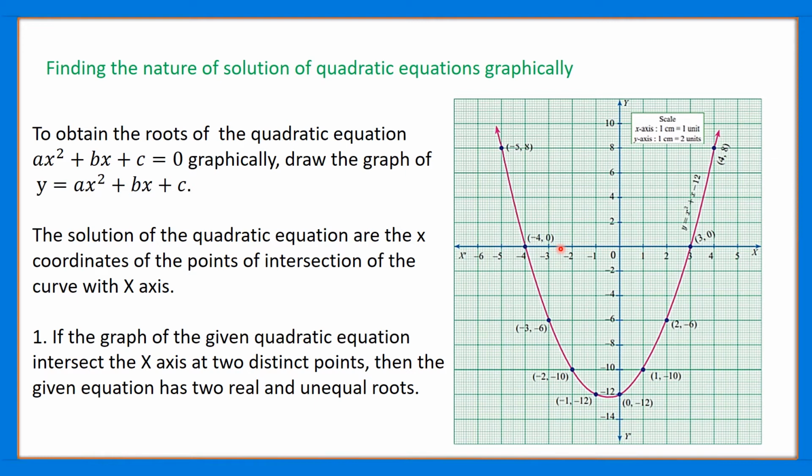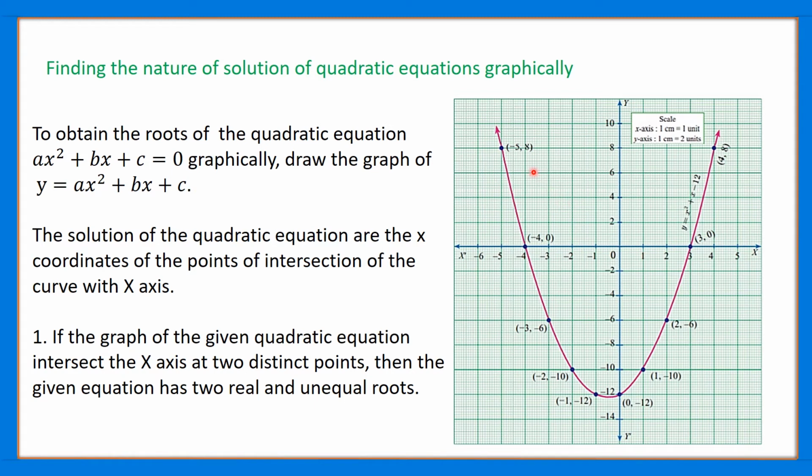Then what do we need to do graphically in order to find the nature of the roots? If the given quadratic equation intersects the x-axis at two distinct points like 3 and minus 4, these points are distinct.